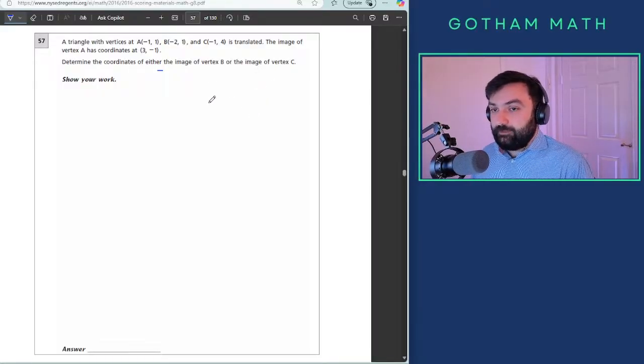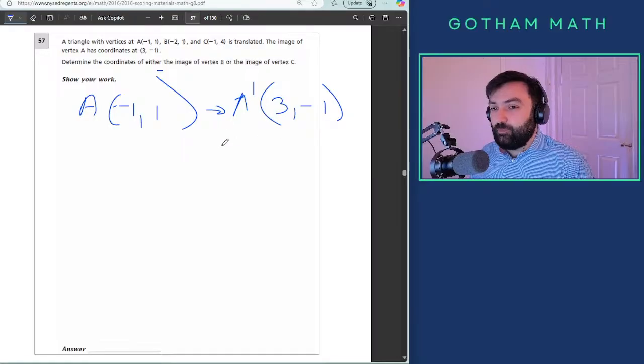So here there's nothing really difficult. A was at -1, 1, and it became A prime 3, -1. So what happened to -1 to become a 3? Plus 4 happened.